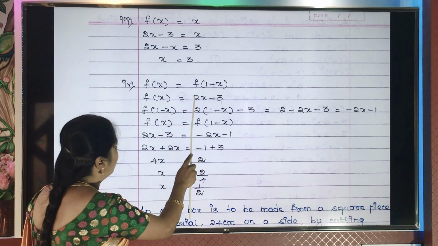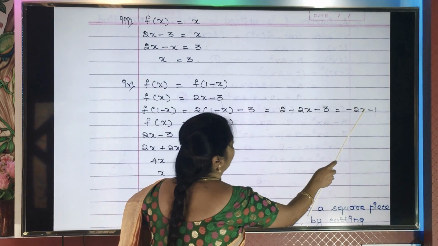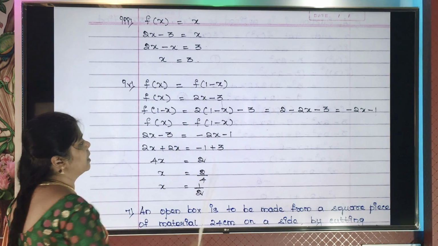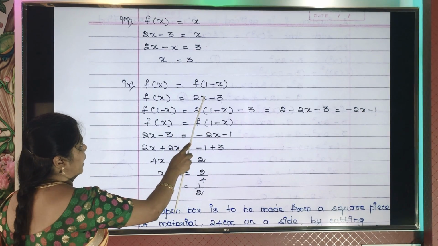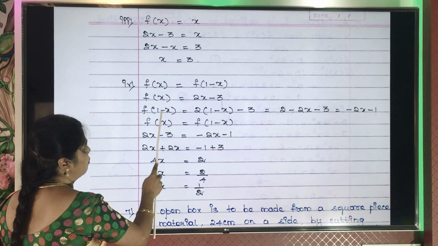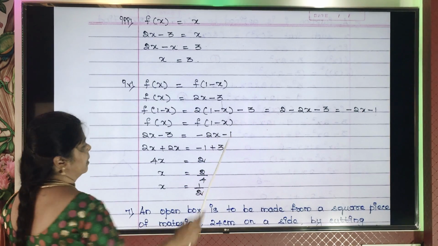So now we know what is f of x and we also know what is f of 1 minus x. You need to equate it on both the sides. So you are equating 2x minus 3 is equal to, what is f of 1 minus x? See here, minus 2x minus 1.